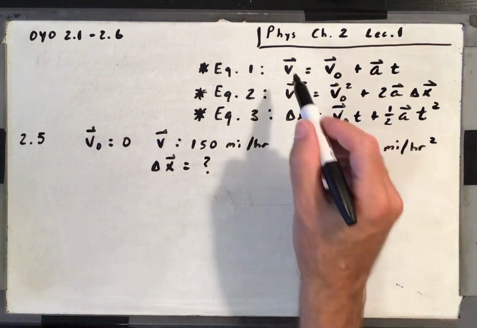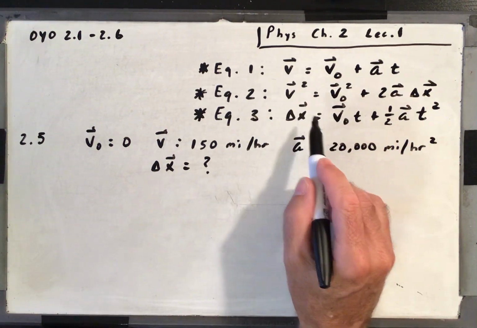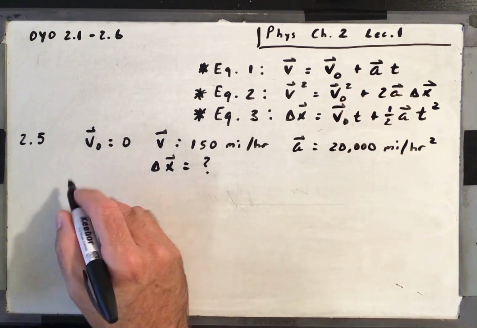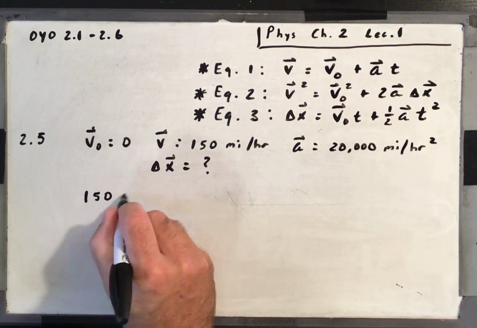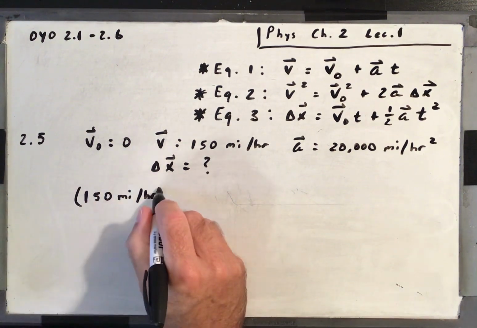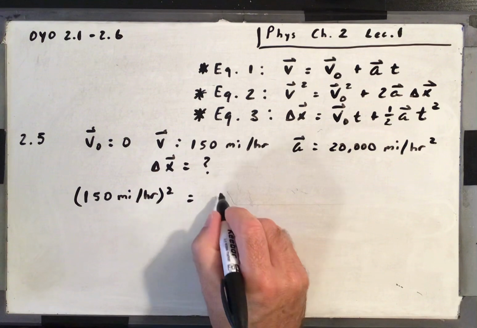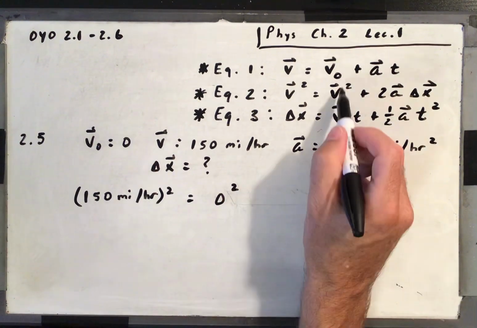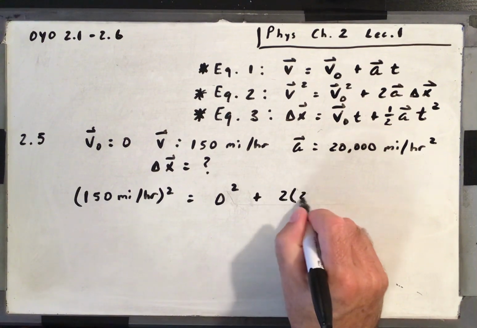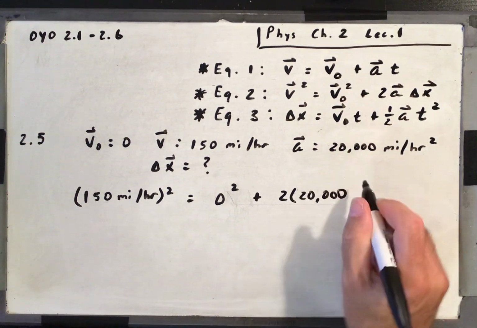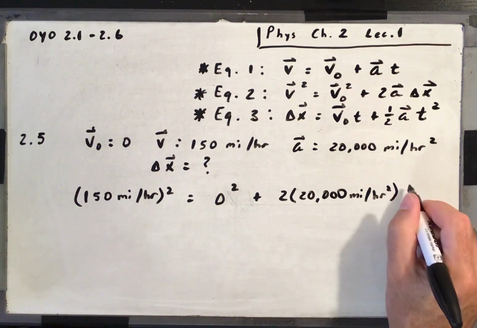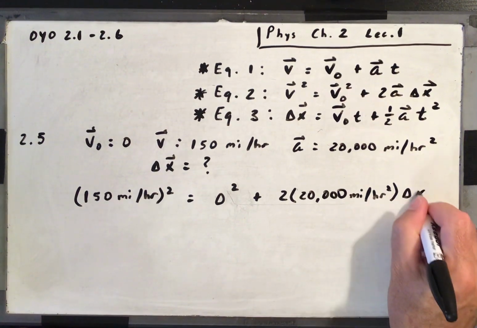So one equation of these three does involve time, and that's equation 2. So let's fill it in here. We've got 150 miles per hour. Don't forget to square it. Is equal to 0 squared, initial velocity is 0, plus 2 times 20,000 times delta x, which is what we're solving for.